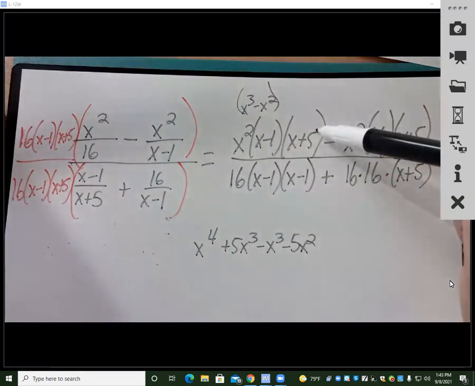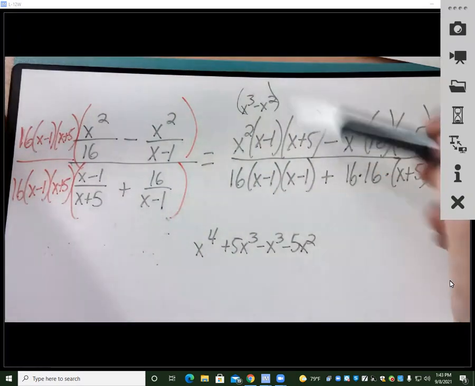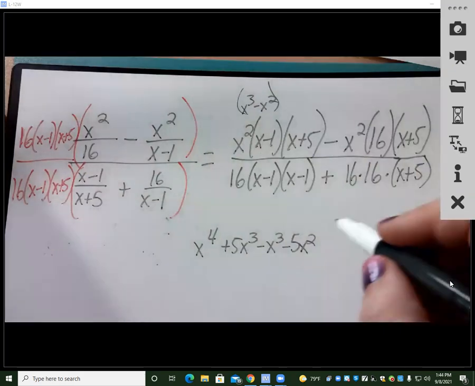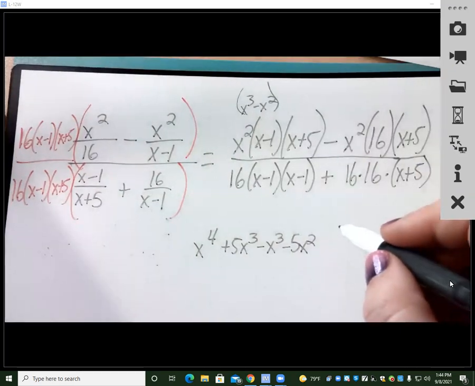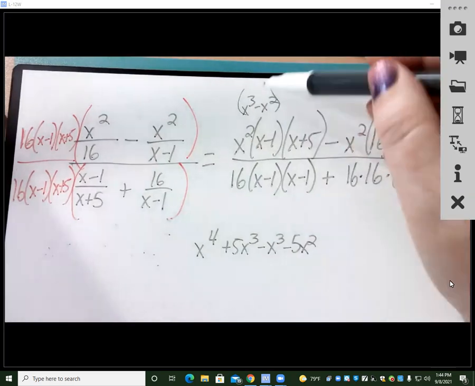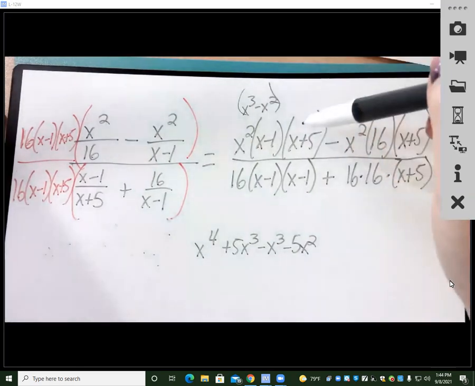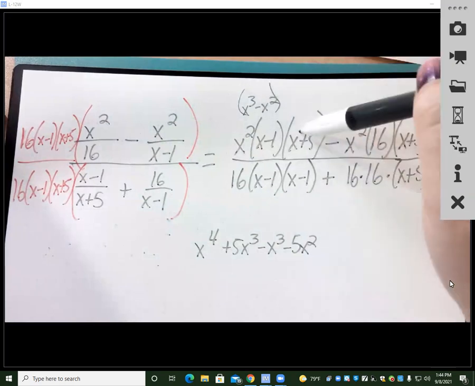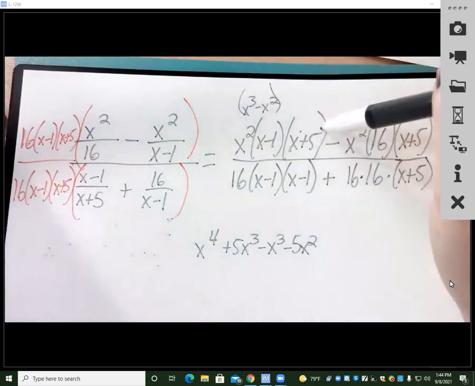Yep, that's fine. I feel like they should all be a different degree though. X to the fourth, 5x cubed. No, that's right. Okay. All right.